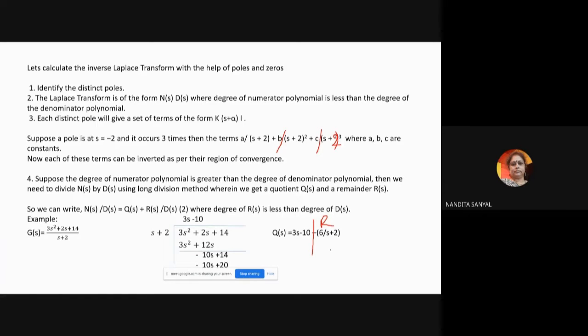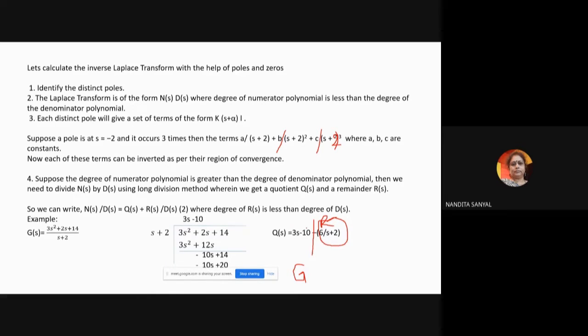So the transfer function G can be written as 3s minus 10 minus 6 by s plus 2, and this 6 by s plus 2 is a rational system function.